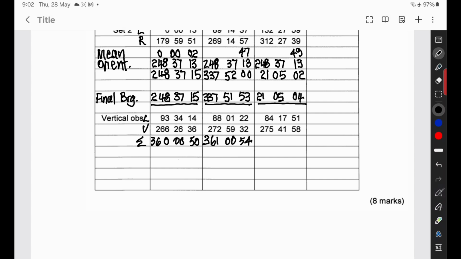Right, now 9. 9 and 10, so that's 49, carry 1, 9, 59, 9, 359, 59, 49.